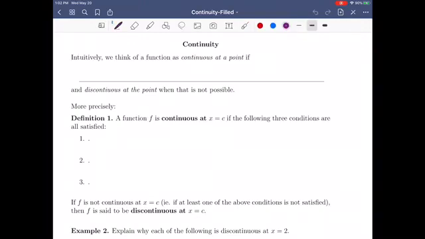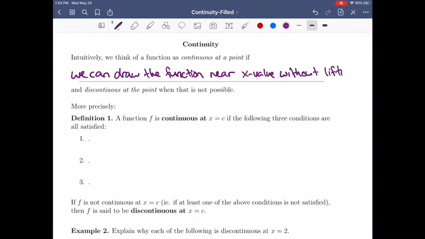If a function is continuous, we say a function is continuous at a point if we can draw the function near the x value without lifting our pen or pencil if you prefer.